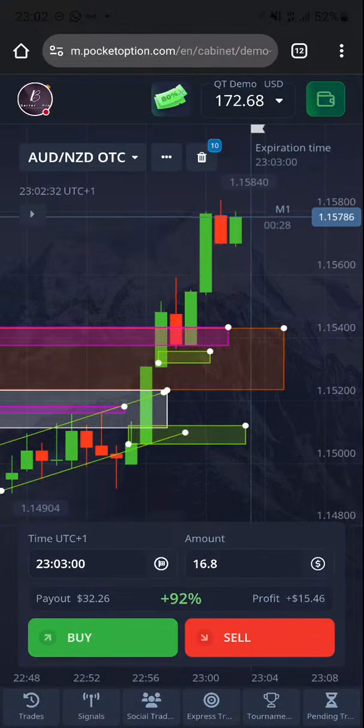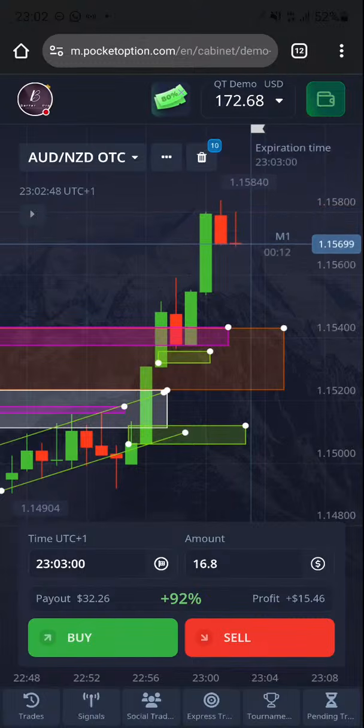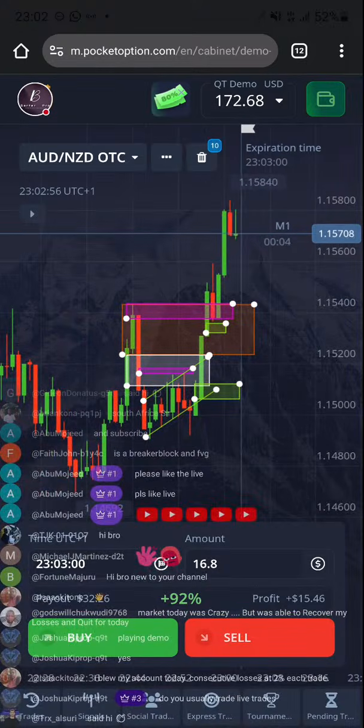So when you have a setup that gives you a probability of a certain outcome, sometimes the setup might be 70% win rate. Sometimes you see some setups that are 75% win rate. Some are 80. But if you can combine some other reasons to take that trade, it increases your chances of winning the trade. It's as simple as that. So that's how it is.